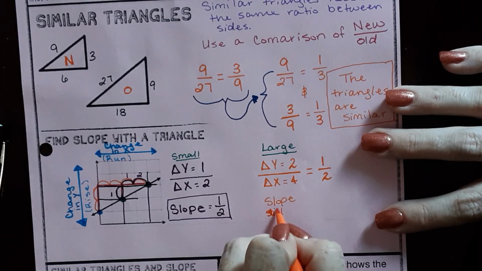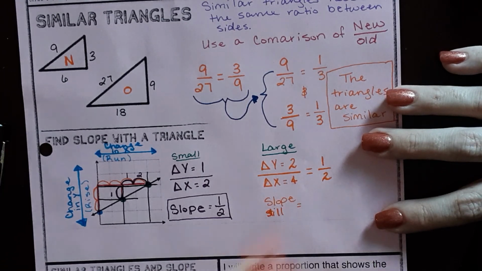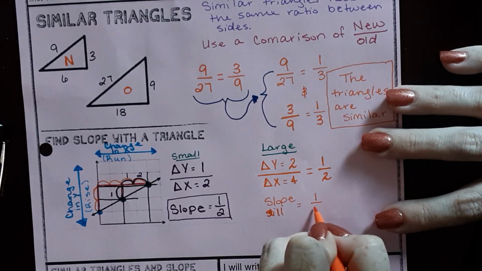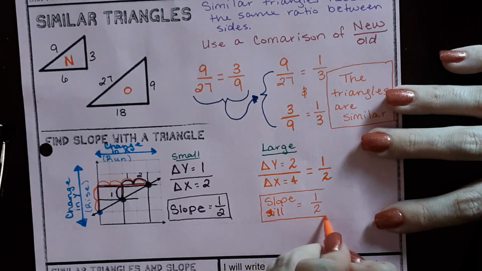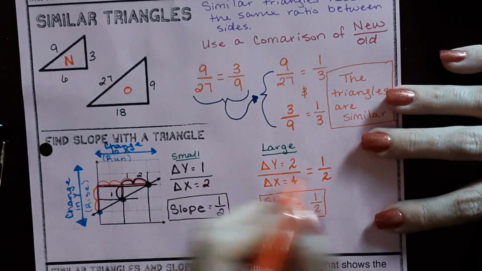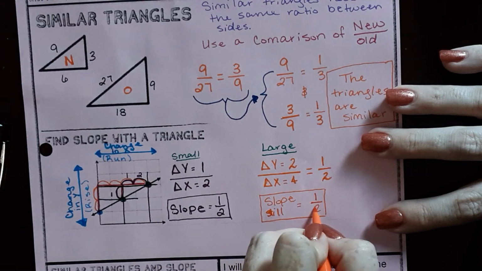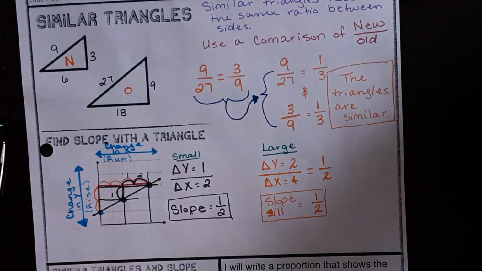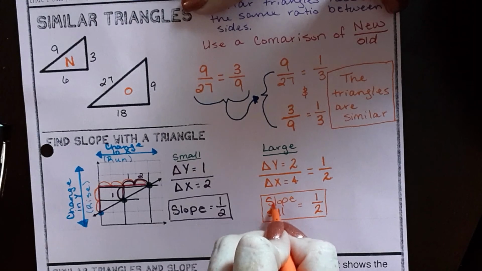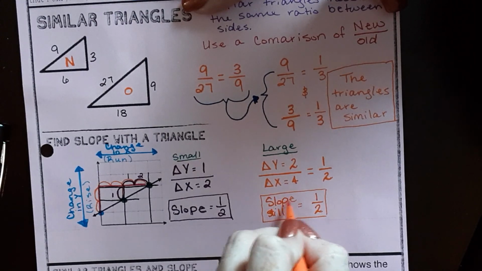So your slope still equals 1 over 2. So no matter what points you pick on a given line, you're going to end up with the same slope.